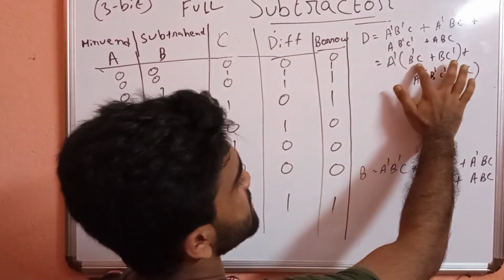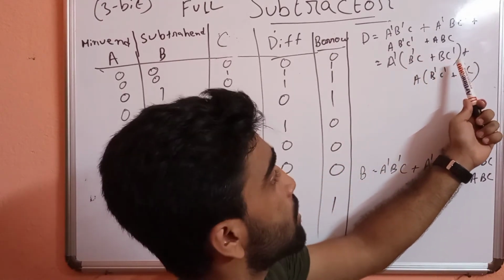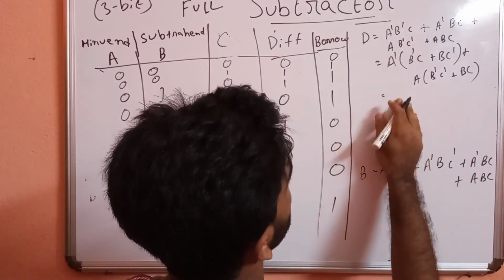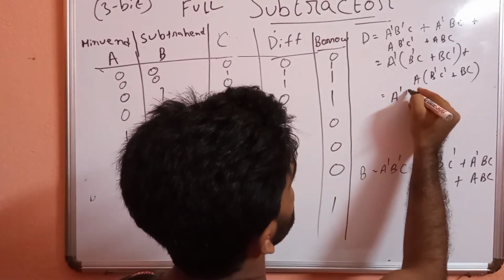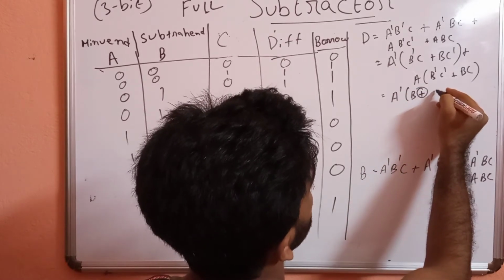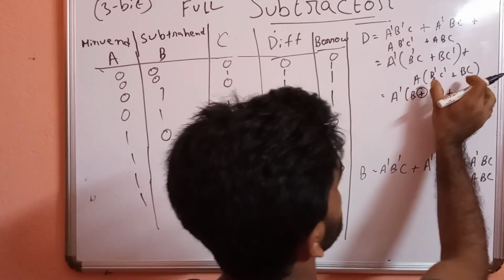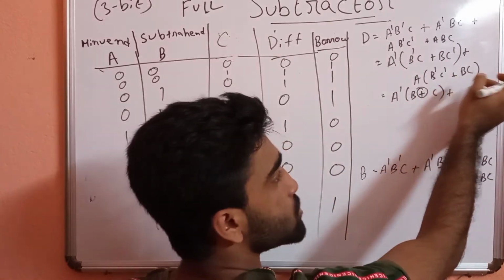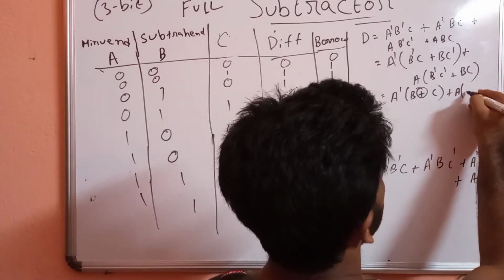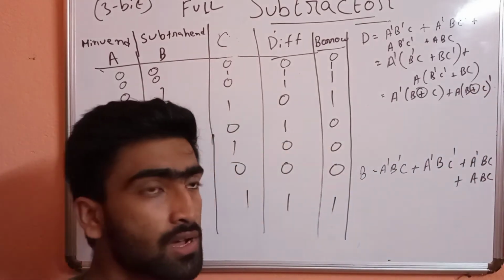Now this expression is B exclusive OR C. We already know this. A complement times B exclusive OR C, and this is A times B exclusive NOR C, that means B exclusive OR C complement.